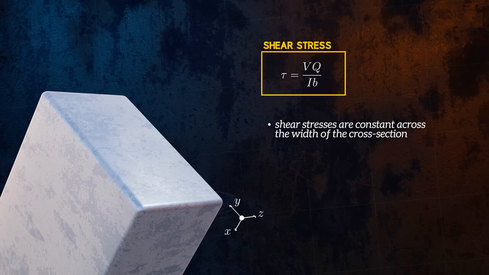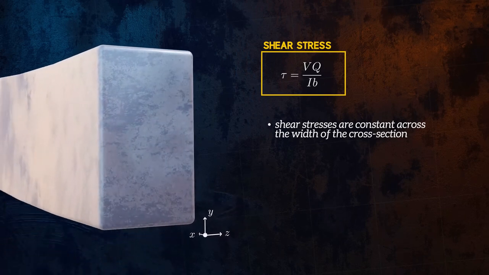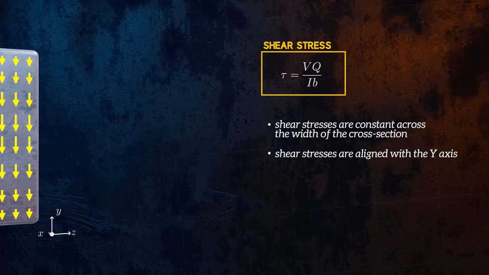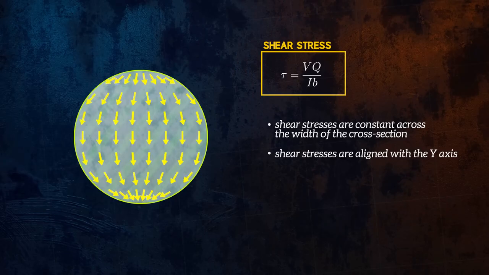Another assumption this equation makes is that the shear stresses are aligned with the y-axis. Shear stresses act tangentially at a free surface, so for a circular cross-section, for example, we can't strictly use this equation to get the distribution of shear stresses across the height of the cross-section.